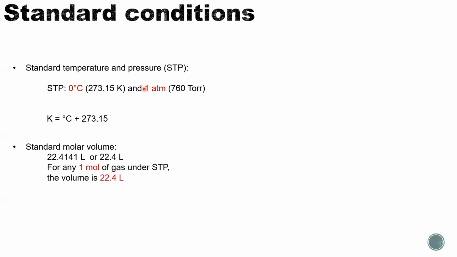So that means the volume is fixed. Okay, so for any gas under the standard condition, 1 mole of that gas, the standard molar volume, equals 22.4 liter. So for any 1 mole of gas under STP, standard temperature and pressure, the volume is 22.4 liters.